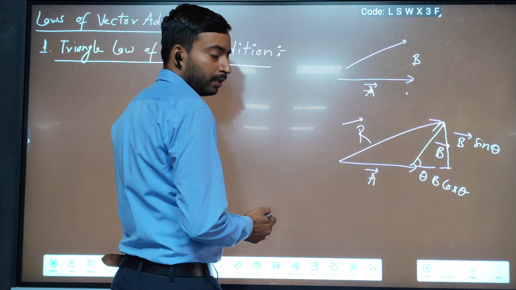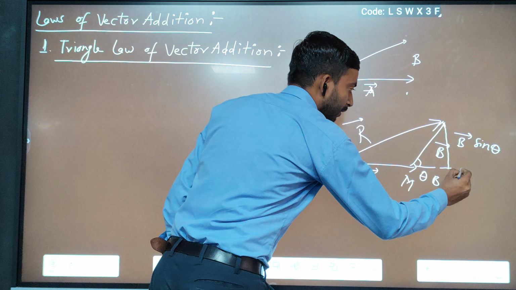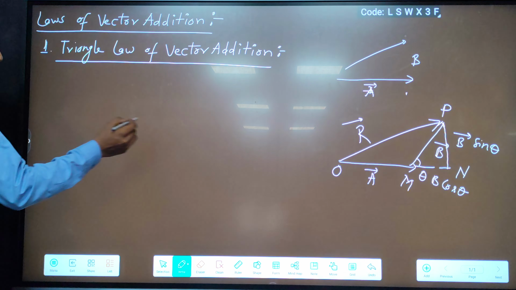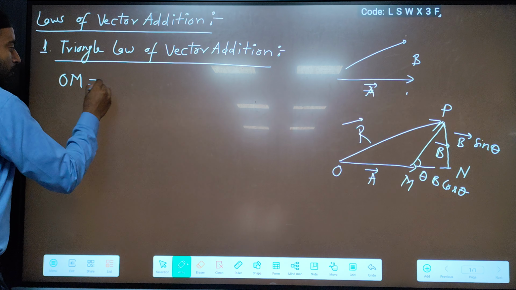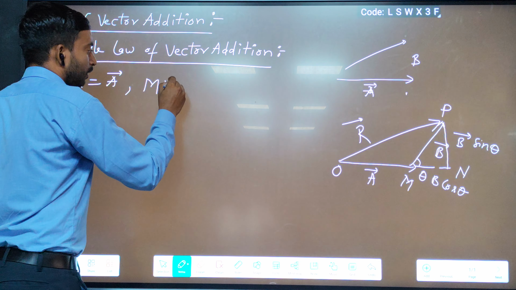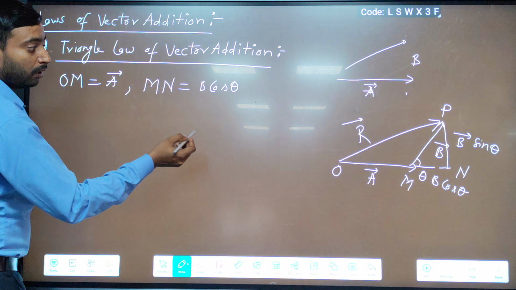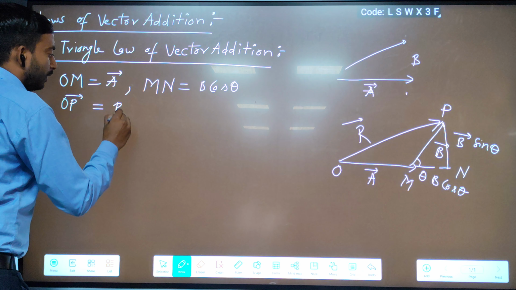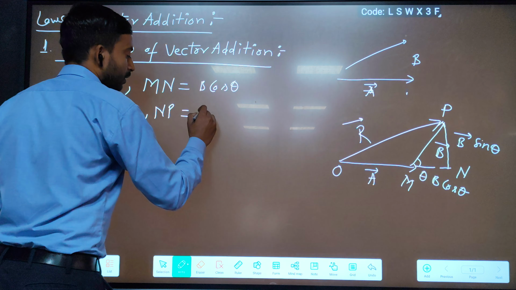So let's name the points O, M, and P. So students, here OM equals vector A, and MN equals B cos theta, and OP is the resultant vector R, and NP is B sin theta.